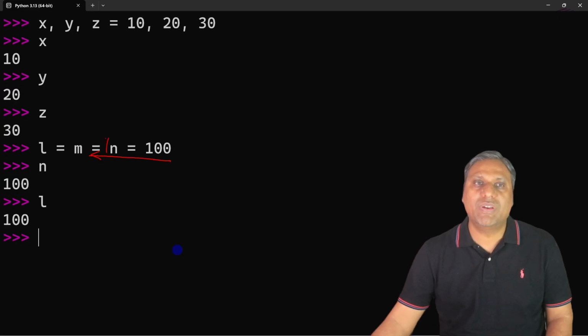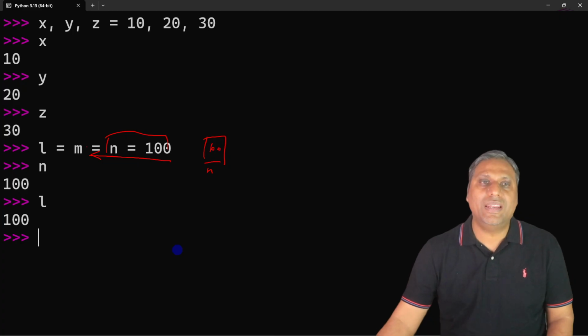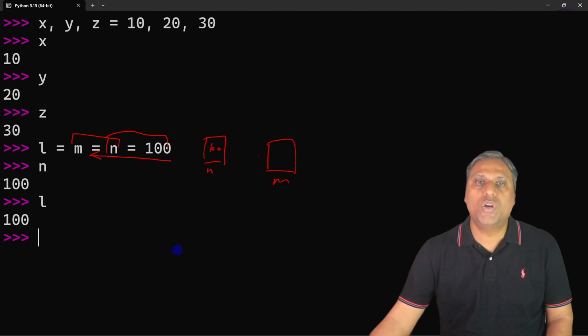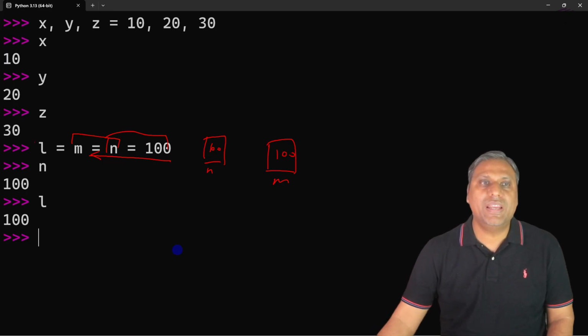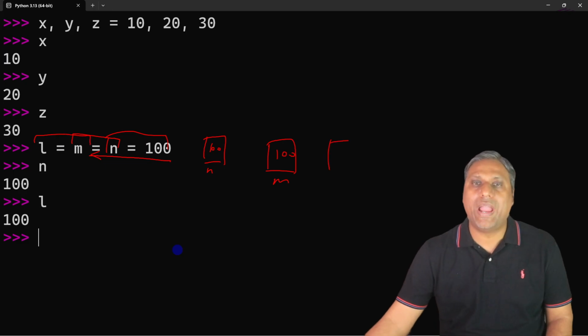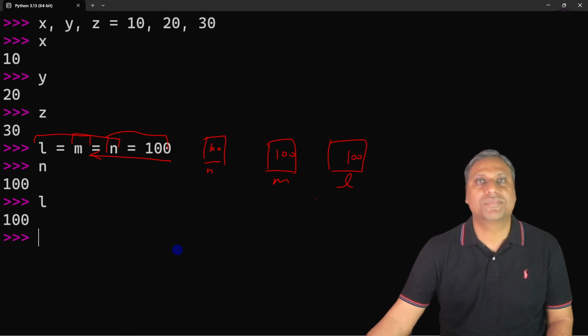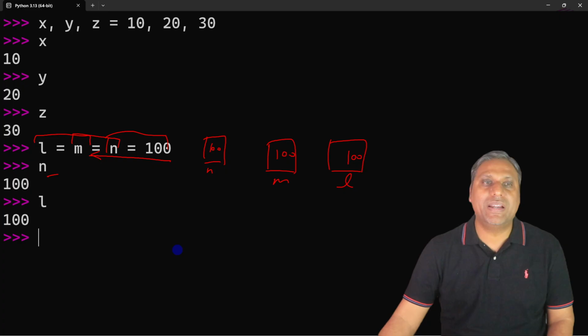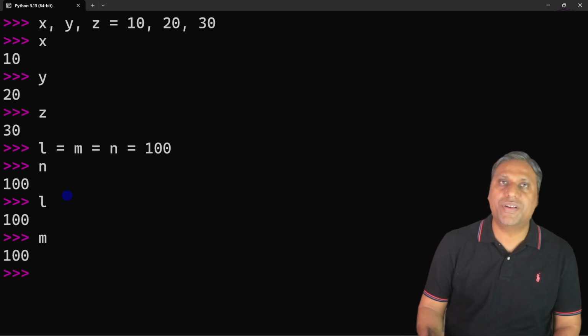So first this one was solved, so n became 100. Then this was solved, so m became similar to n, which is 100. Finally, this particular thing was solved, so l was declared as well as initialized with the value of m, which is 100. That is how when I print n, I'm getting 100. When I print l, I'm getting 100. If I print m, then also I'll get 100.